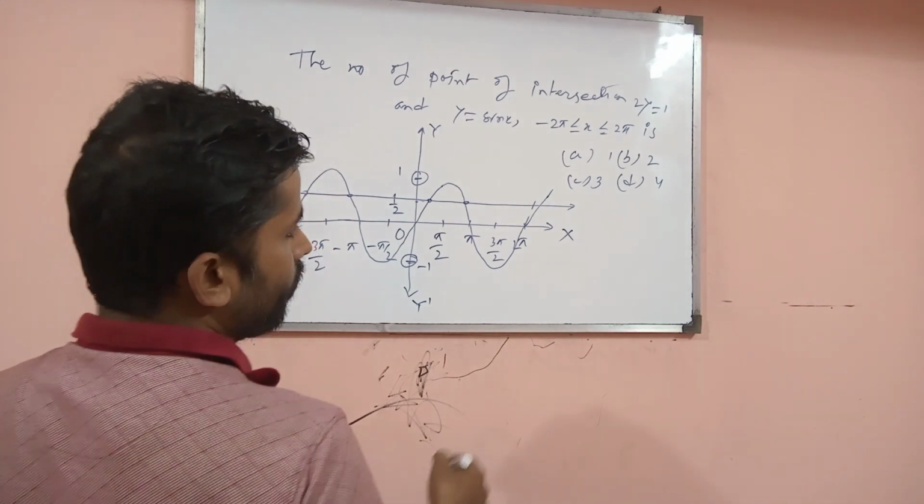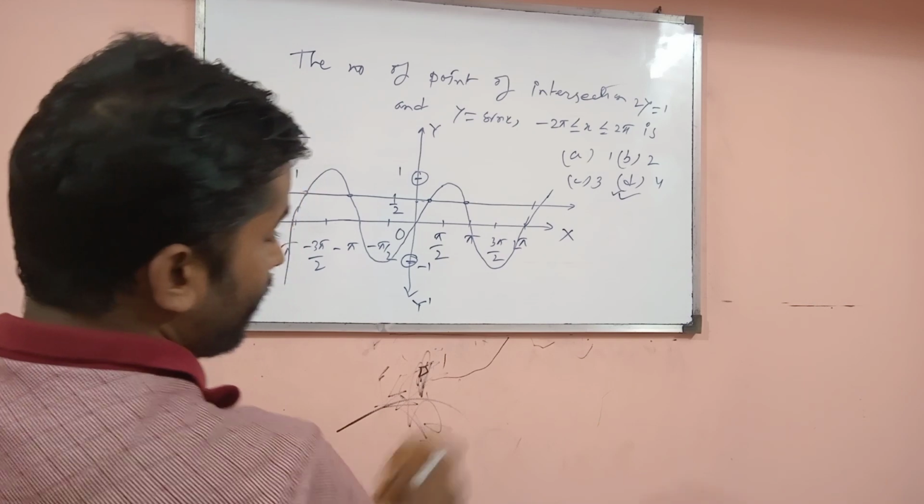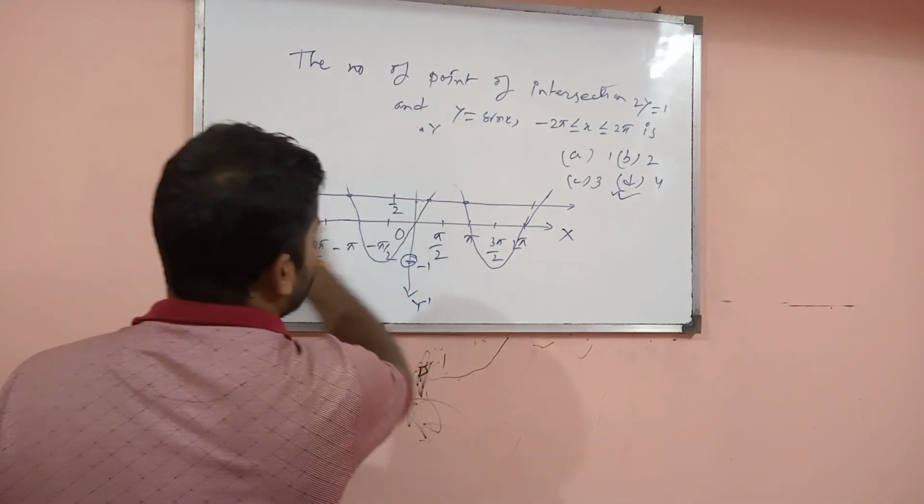Okay, so points of intersection will be 4. So the appropriate answer is option D.